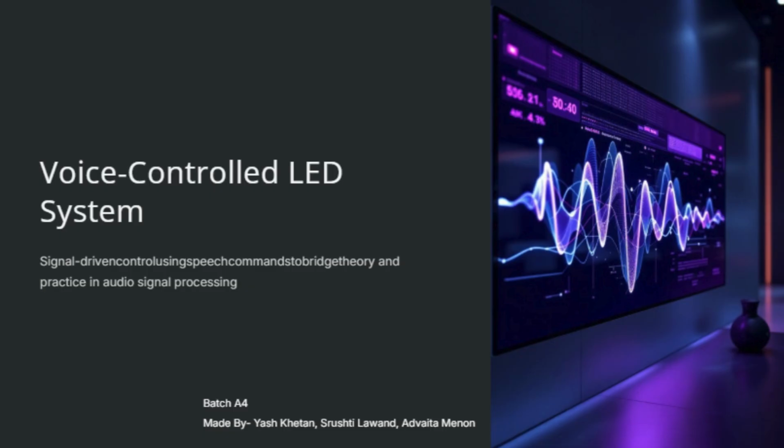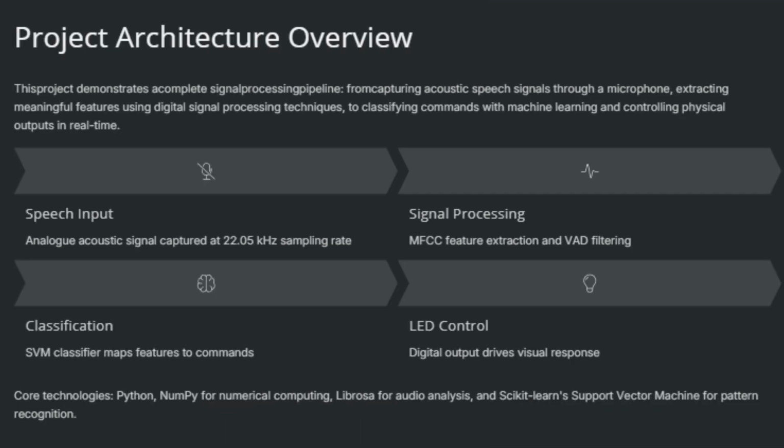We use Python libraries like Librosa for feature extraction, NumPy for signal operations, and scikit-learn for the SVM classifier. So essentially, we are applying theoretical SNS concepts like signal acquisition, transformation, and system response in a real working application.